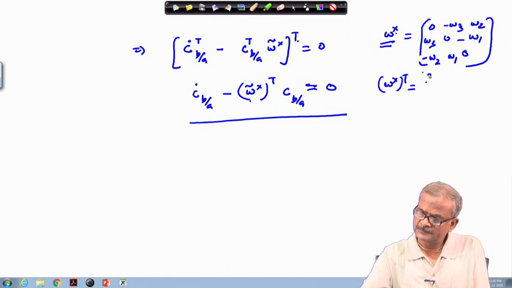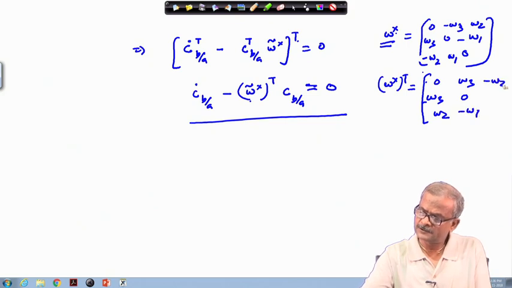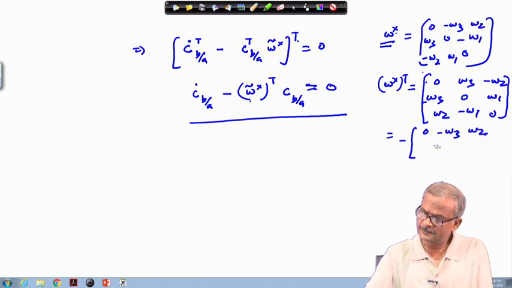So, if we take the transpose of this, this is 0, minus omega 3, omega 2, then omega 3, 0, minus omega 1, minus omega 2, omega 1 and 0. And if we take the minus sign out of this, this gives you minus of omega 3, omega 2, omega 3, 0, minus omega 1 and then minus omega 2. So, this is nothing but your minus omega cross.